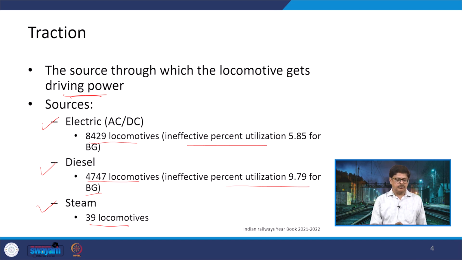If we talk about electric, the traction can come in terms of alternating current or direct current. So, it can be an AC or DC condition, and these 8,429 locomotives are for both.